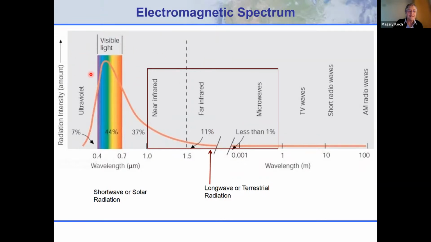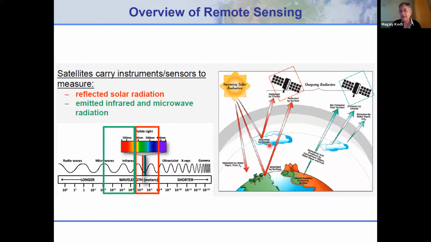So it's easier for a sensor to capture visible light, and more difficult to capture light in other regions, like far infrared and microwave. But the technology is evolving, and nowadays we're capable of doing it. Maybe not 50 years ago, but now these instruments have become so sophisticated that they can take very accurate readings or observations.